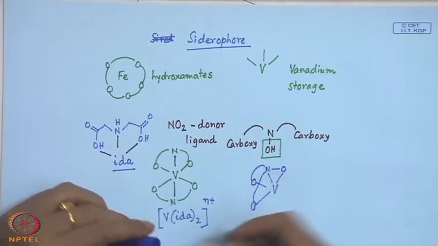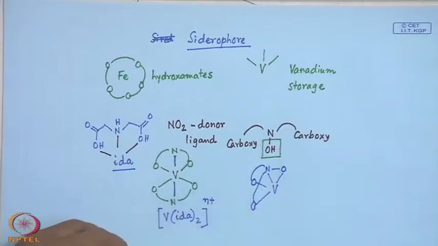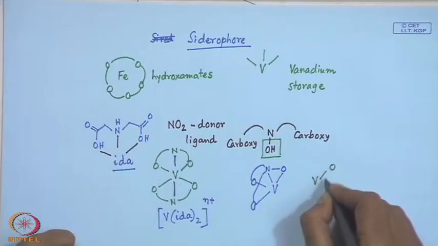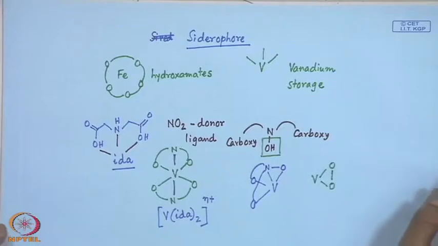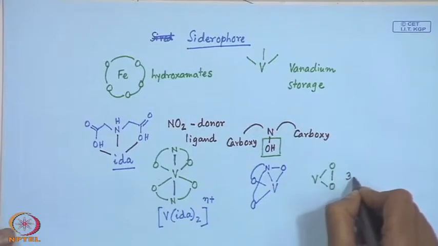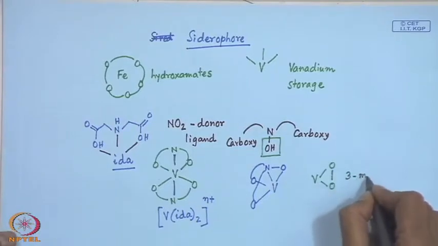So, this VNO binding is very much similar to our vanadium peroxide binding, what we have seen in the case of bromoperoxidases or other same type of synthetic molecules, where this 3-membered ring is possible.